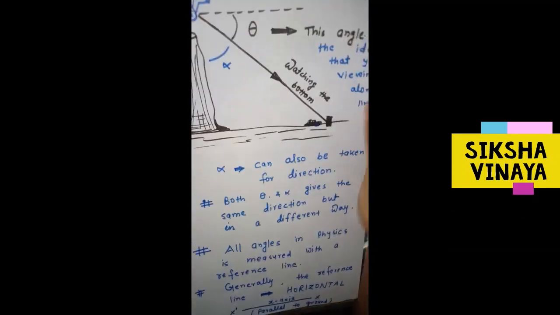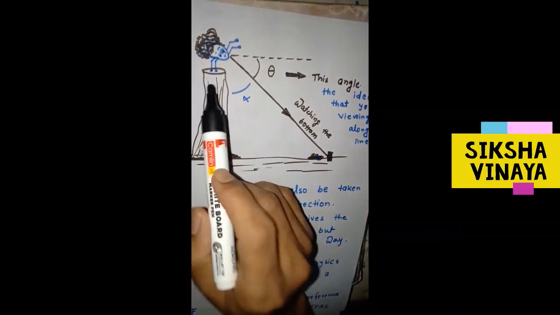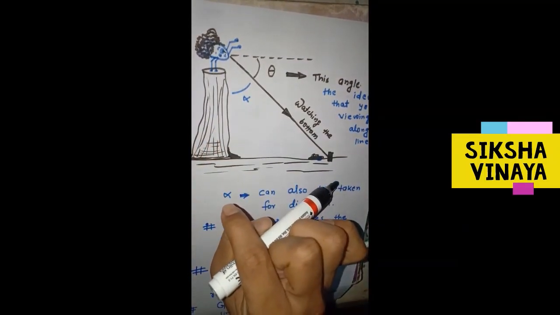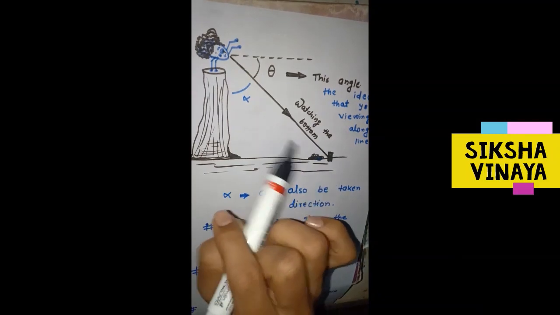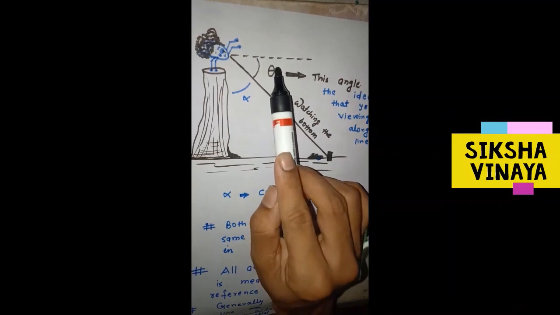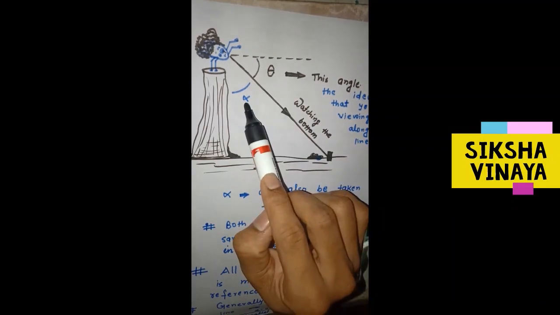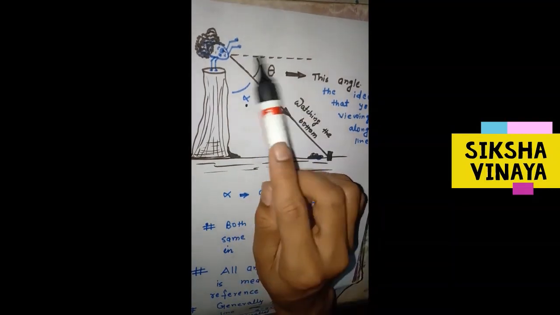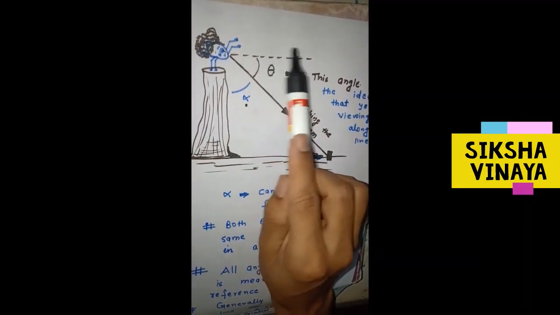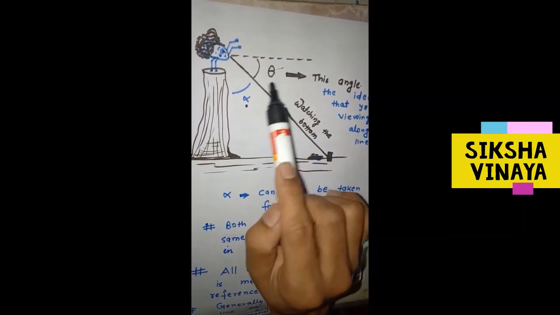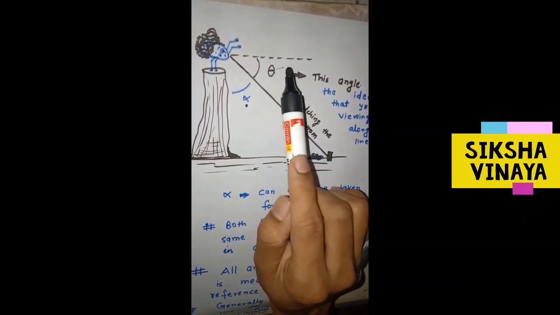And now if somebody views from the top of the tree to the bottom on the ground at some point, the perspective can be given by some angle, maybe theta, maybe alpha. It depends on the reference line, how we measure the angle. If you measure the angle from this reference line, it means your direction can be given by theta.